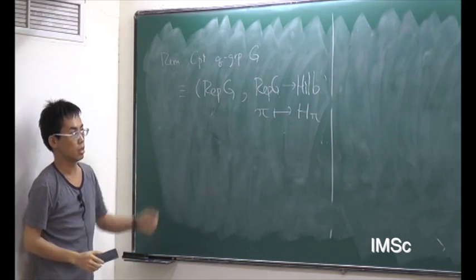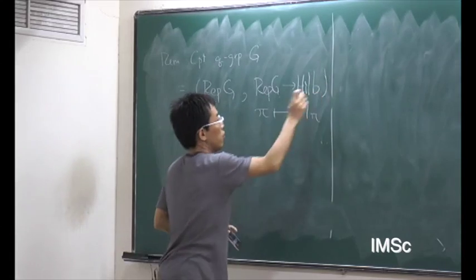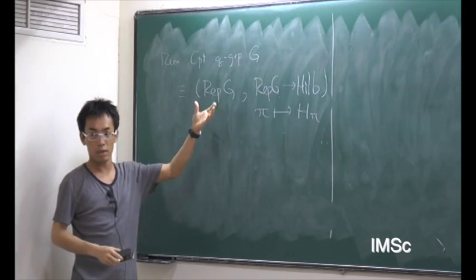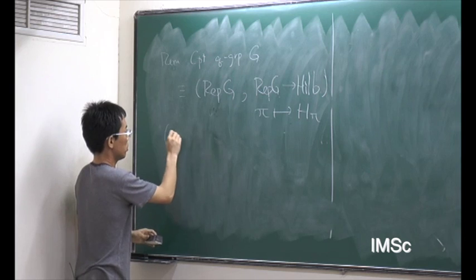So this is a C-star tensor functor in that way. And out of this pair, you can recover G. This is the Tannaka-Krein duality.